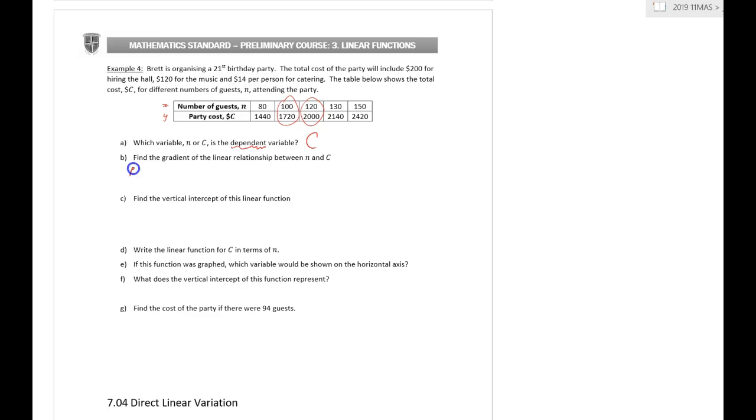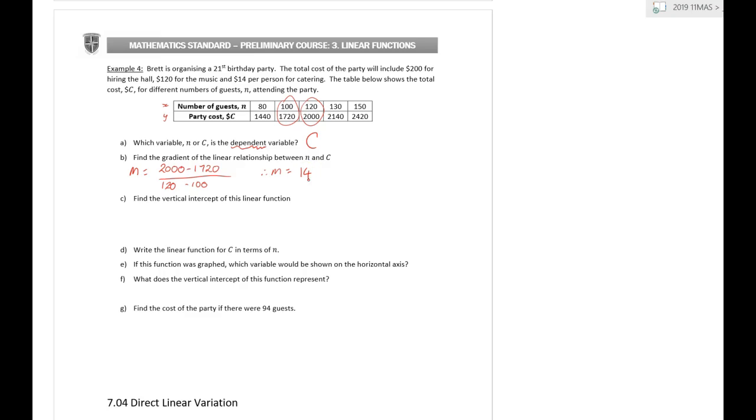M equals y2 minus y1, so 2,000 minus 1,720, divided by x2 minus x1, 120 minus 100. Therefore, M equals 280 over 20, which is 28 over 2, equals 14. M equals 14.